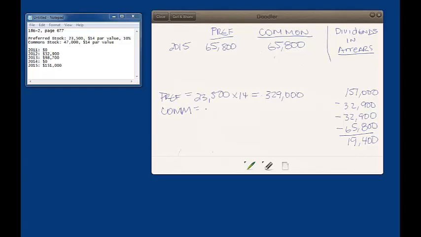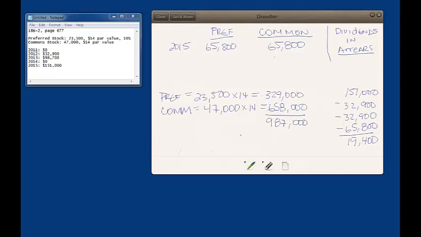Total par value of the common is the total number of common shares times the par value of the common shares, which is equal to 658,000. To find the grand total par value, add those two, and we get 987,000. Okay, so that was step 3.